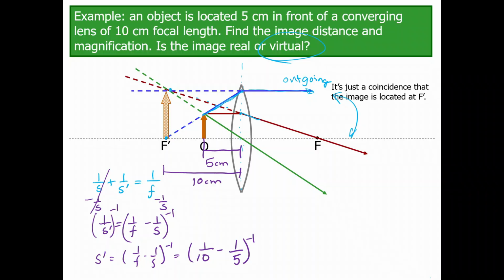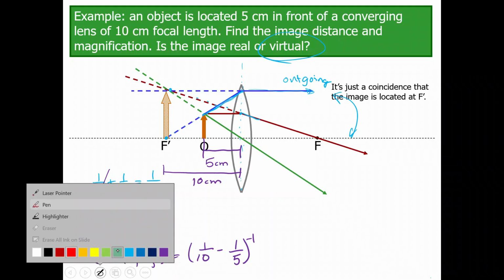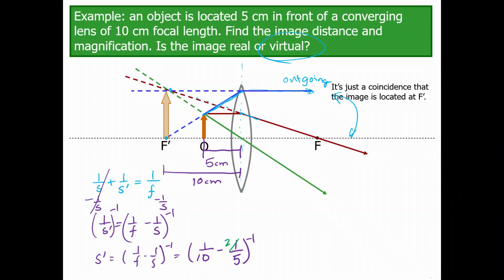If I was doing this without a calculator, I could actually get a common denominator. I could do 2 over 10. So I get 1 minus 2 is a -1 over 10. And then I can flip that up, invert that.